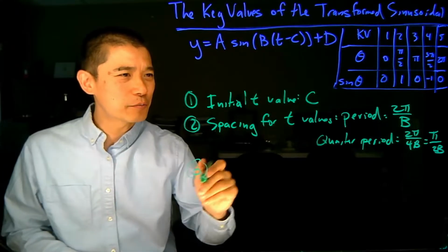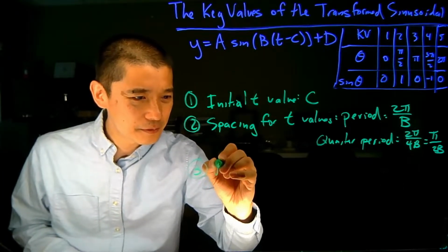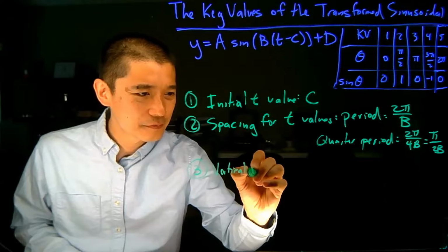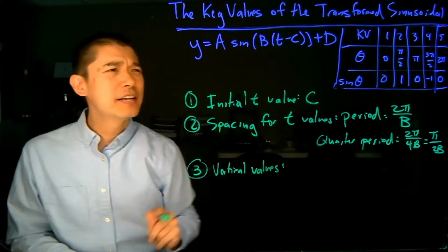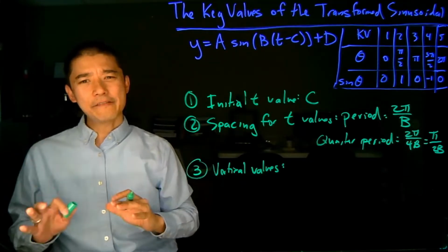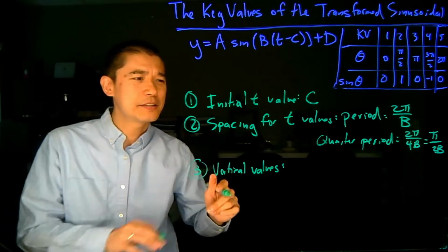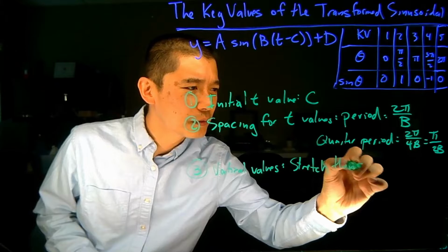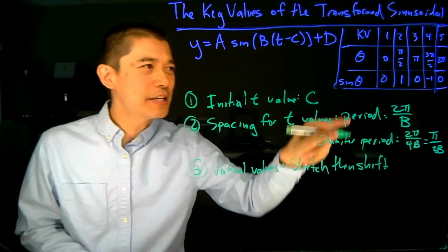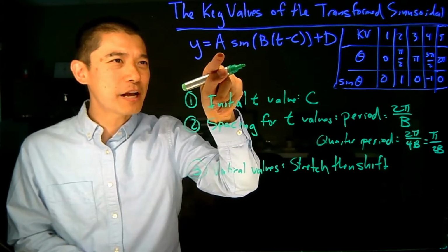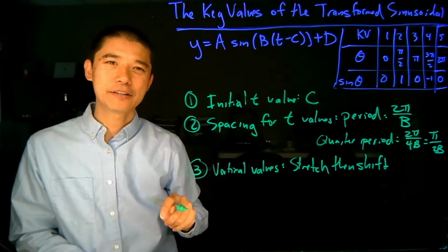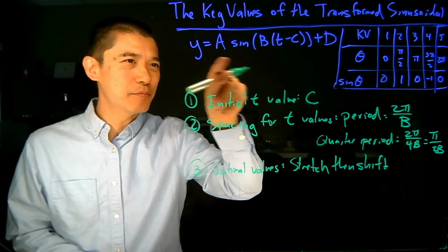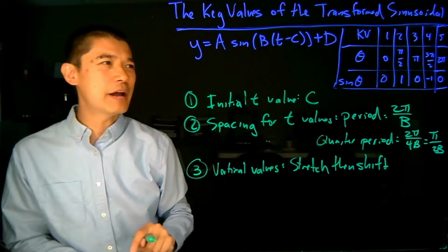Now for the third one, we're going to look at the vertical values, the function values. And the idea you want to have here is you want to stretch, then shift. What does that mean? It means that you take this value here, you multiply by the stretch factor, and then you shift it. And so whatever this a is, you multiply this by that, and then you add d.